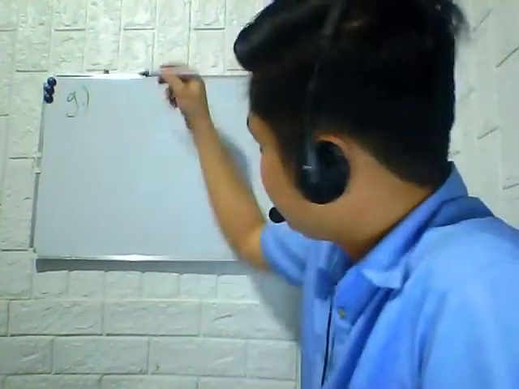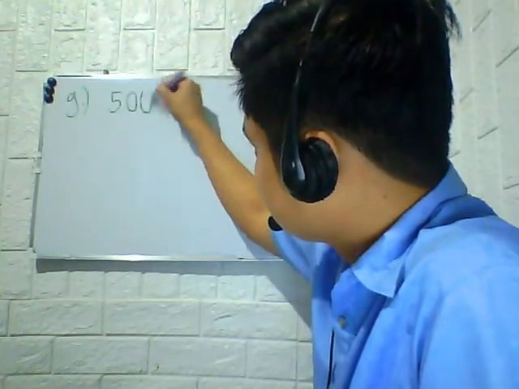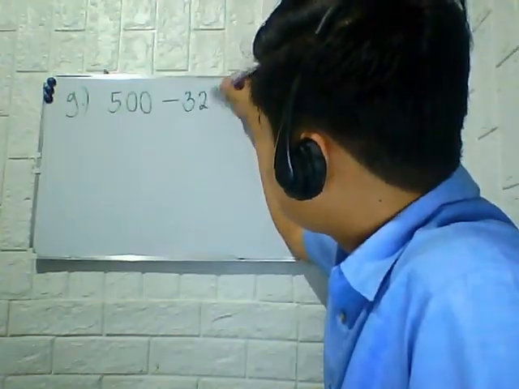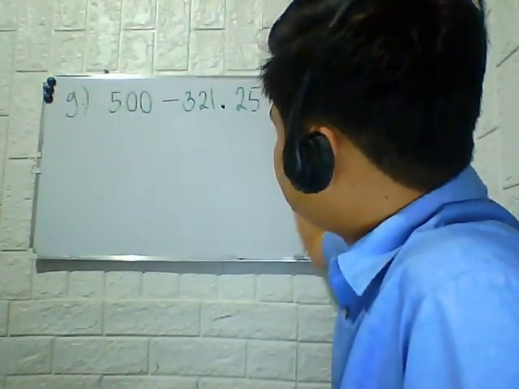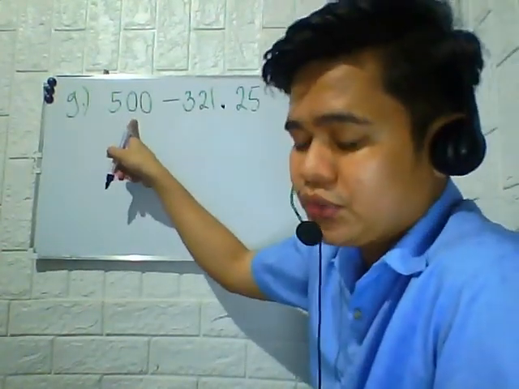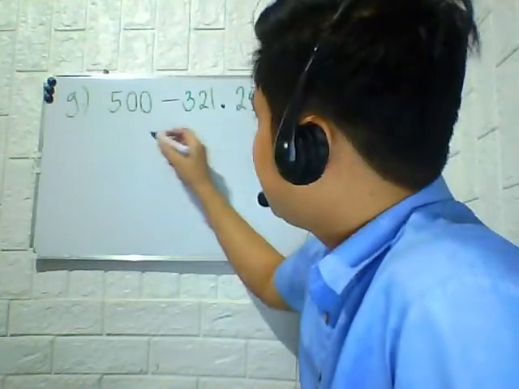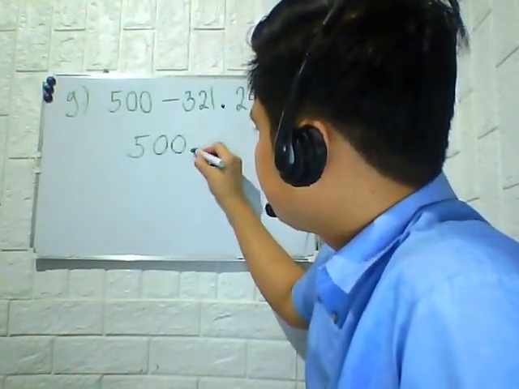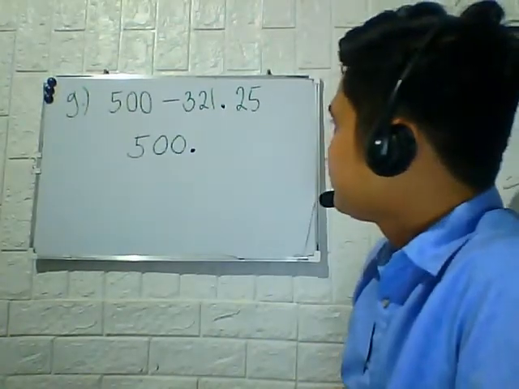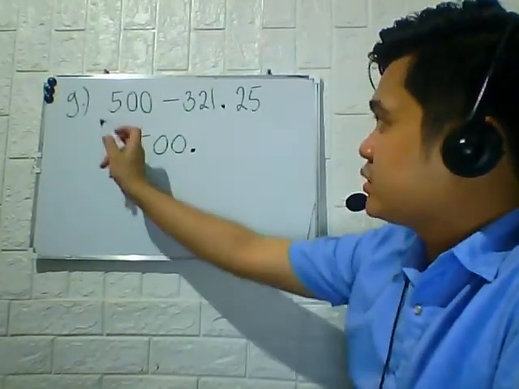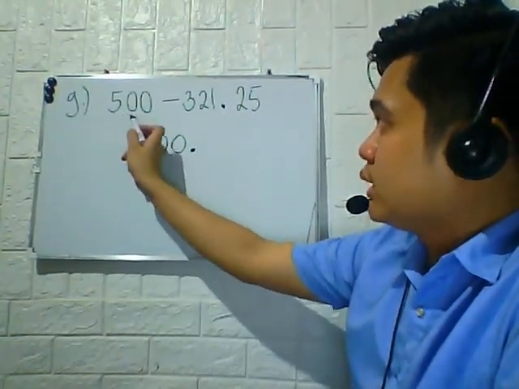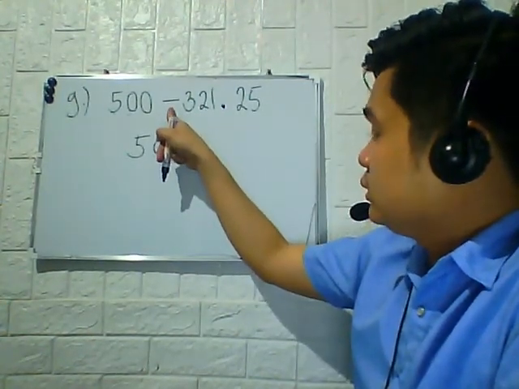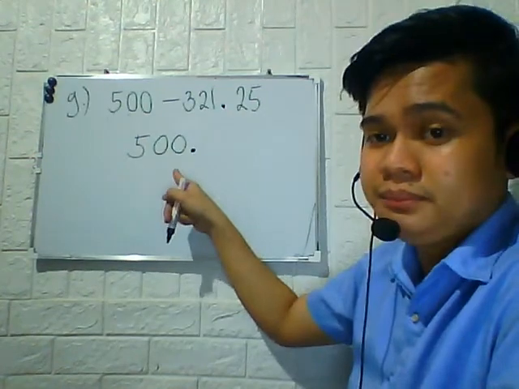For this one, we have 500 minus 321.25. First, we should write 500 here with the decimal point after it so that we won't get confused. And always remember in subtraction, whichever is the first number, that is the one we write first.